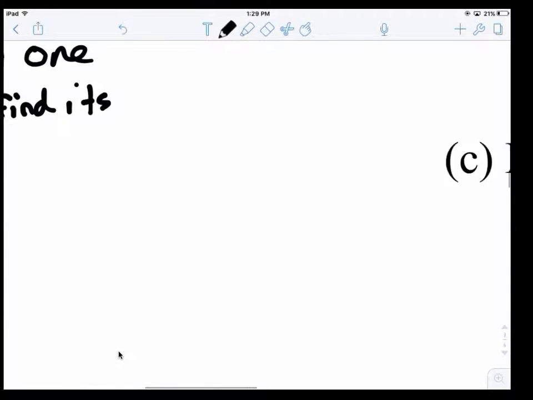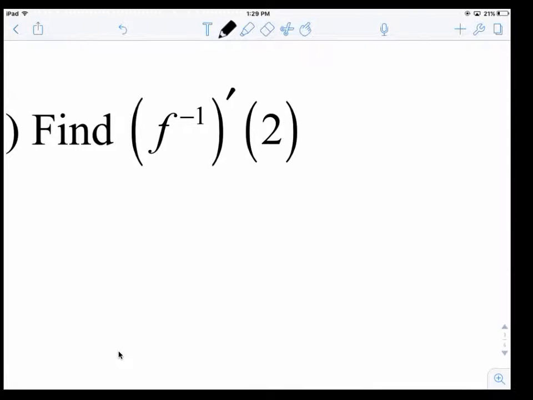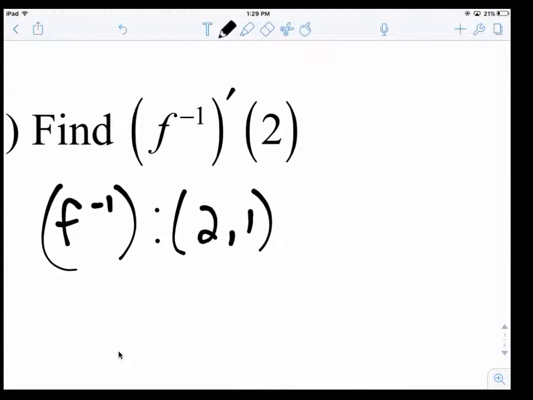All right, now it says find the derivative of the inverse at 2. So we know that the inverse has a point at 2, 1, right? So if I figure out the slope here at 2, it's going to be the same thing as 1 over f prime of what?